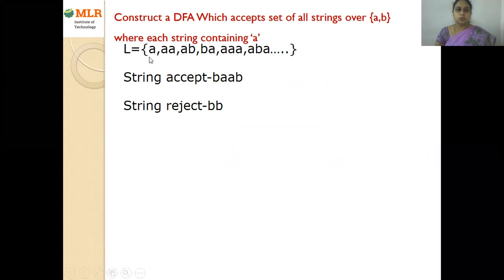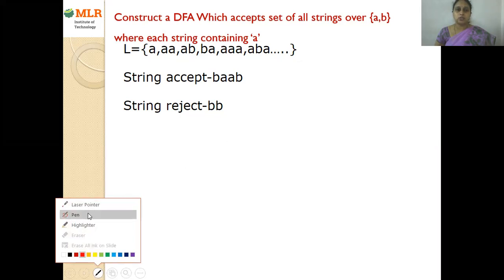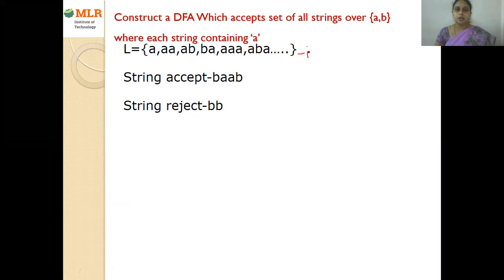L equal to A, AA, AB, BA, AAA, ABA, and so on. It is an infinite language. When you observe the previous example and this example, containing A means that in the string A can be present anywhere.